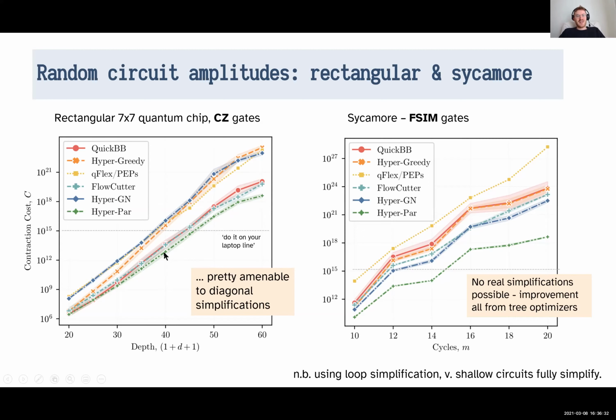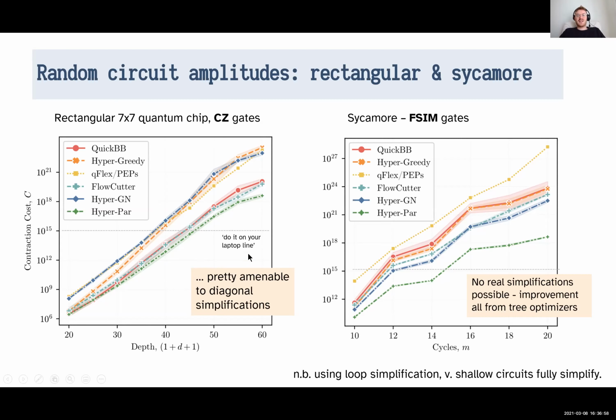So like the depth 40 circuit on 49 qubits. But the huge savings you can make just by simplifying the tensor network and finding a better scheme have brought this down by orders and orders of magnitude. Still exponentially scaling, but really expanded the size of things you can contract.